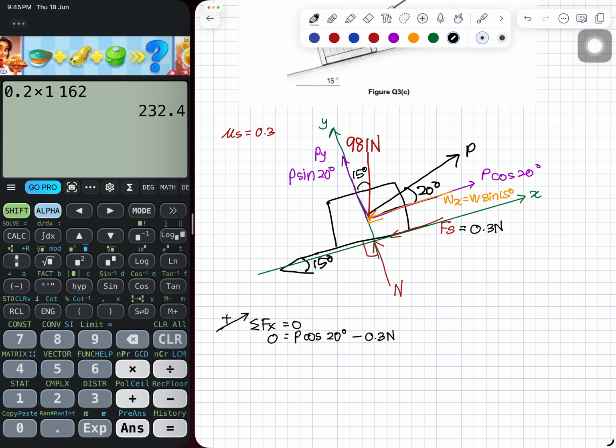That's why for the x-axis, Wx is directed to the left, so I have W sine 15 here, minus, to the left. So we have W, 981, sine 15 degrees. With this equation, there are no more forces in the x direction.